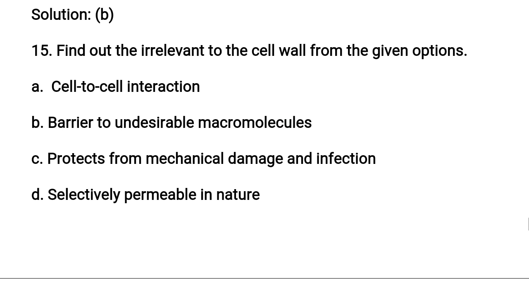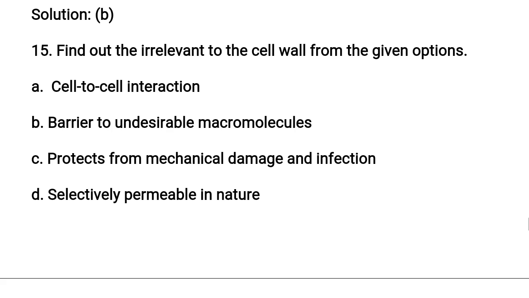Now first of all, let us see the characteristics of the cell wall. Generally, the cell wall exhibits some important functions. What are those functions? The cell wall not only gives shape to the cell but also protects the cell from mechanical damage and infection, right? It also helps in cell to cell interaction and provides a barrier to undesirable molecules.